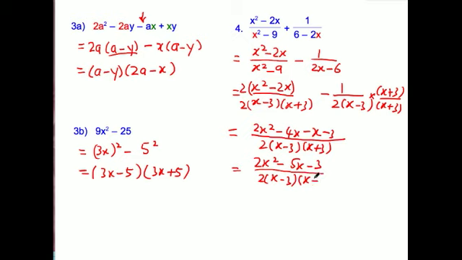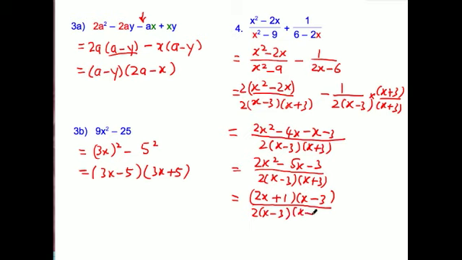In this case, the numerator can still be factorized. Factorizing the numerator, we have 2x plus 1 times x minus 3.